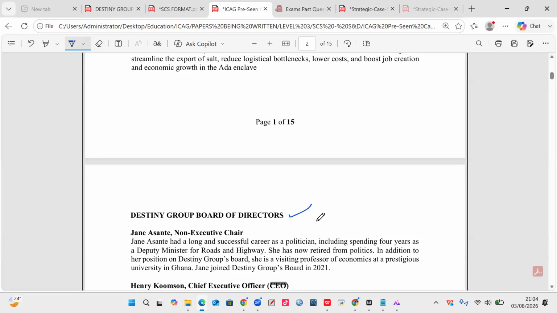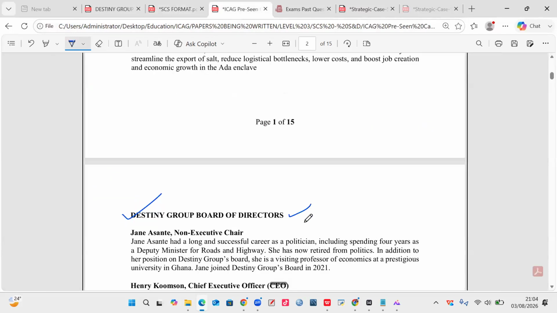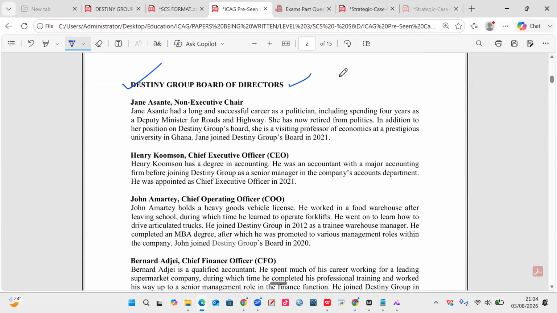If it's about a board, what questions do you think can be asked in relation to the board? Herzberg's theory is one, and that's coming from part two. That one is used to analyze the board structure. So when they ask the question on Herzberg's theory, it's on the board. So I went with my acronym SMOTES.